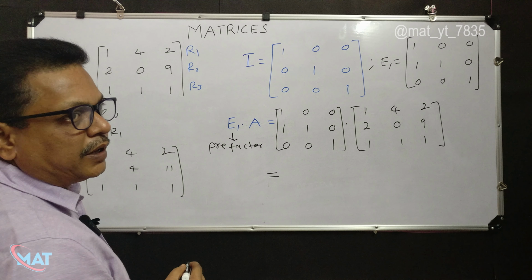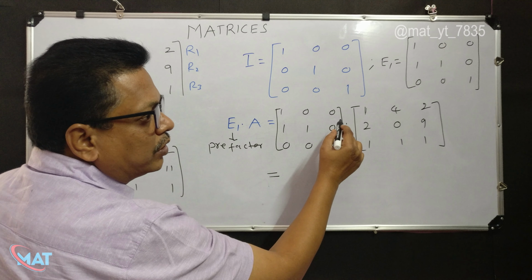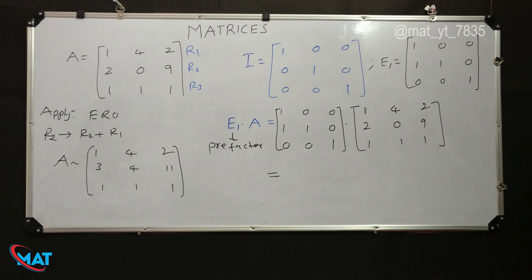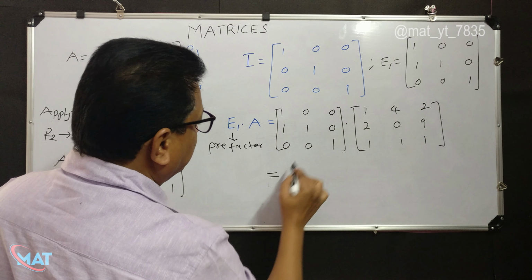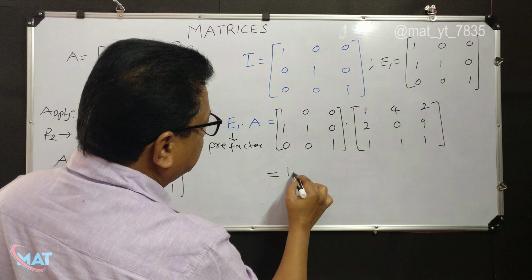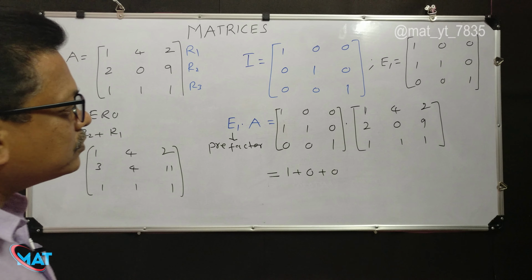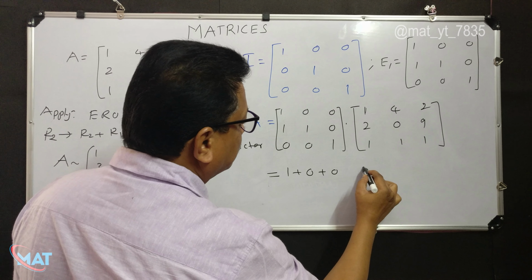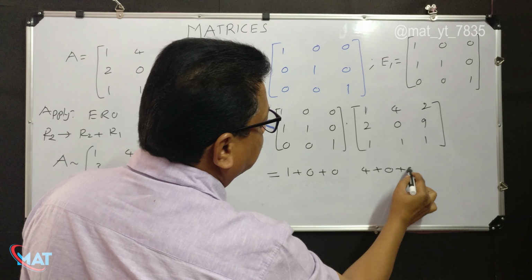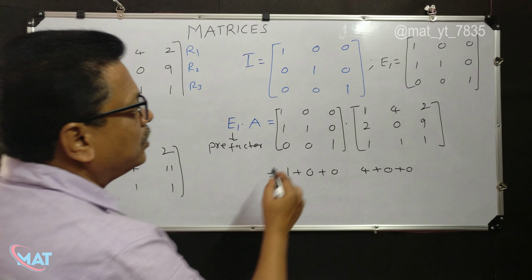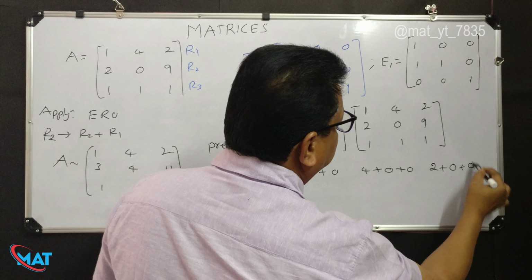How to multiply matrices we already covered in previous videos. It is the row into column transpose method, RC method, I told you. The same thing I want to apply here. So here I want to get 1 into 1 plus 0 plus 0. Next, 1 into 4 plus 0 into 0 plus 0. Next, 1 into 2 is 2 plus 0 plus 0.